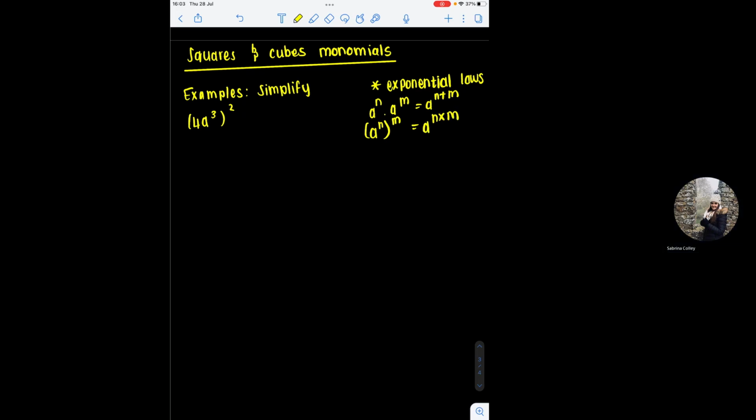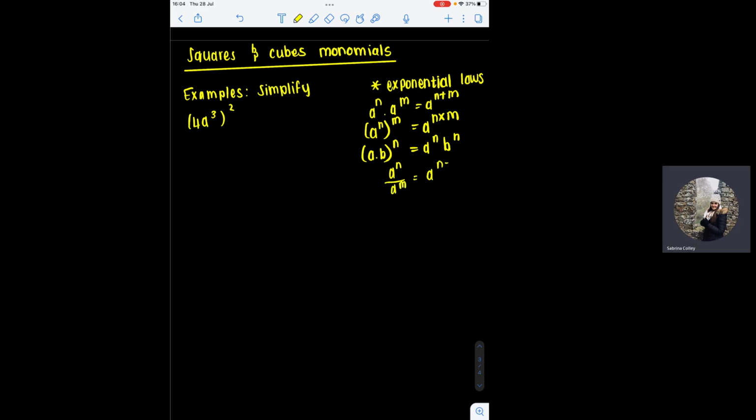If I've got a times b in a bracket and I've got to the power of n, I can give that exponent to both of those. I also need to remember if I've got a to the n over a to the m, that I minus my exponents. And there's a couple more, but we'll just stick with those for now.